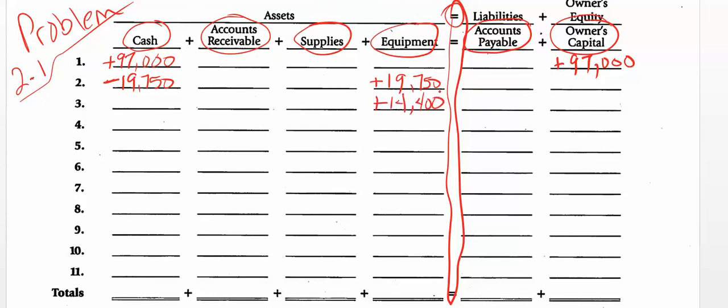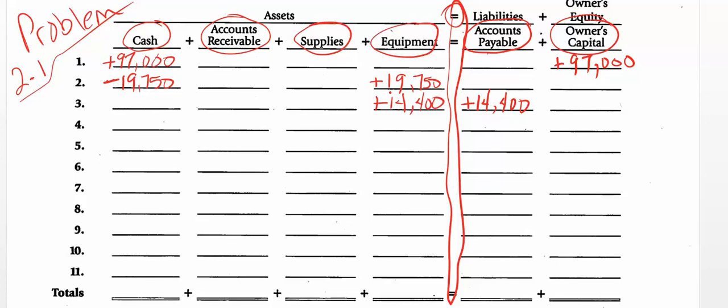And we're paying later, that's a liability, so it's accounts payable, and we're adding to our liability $14,400. Notice plus plus because we're on 2 different sides of the formula.